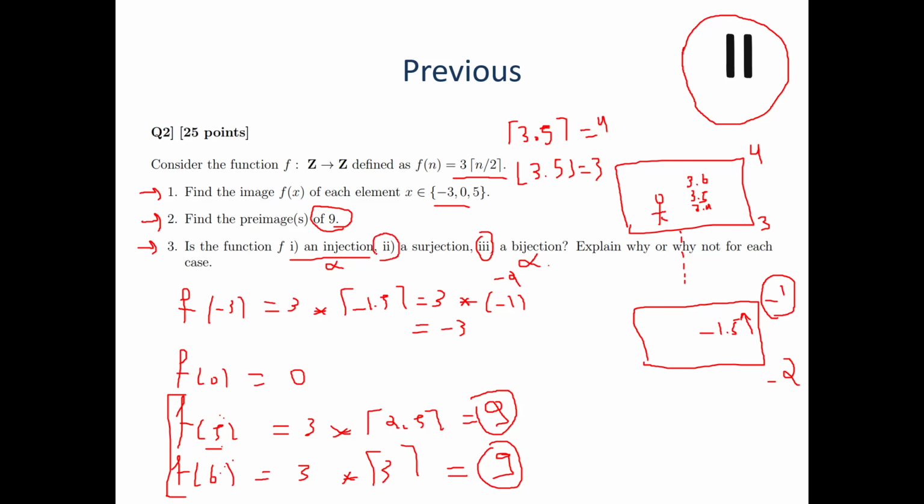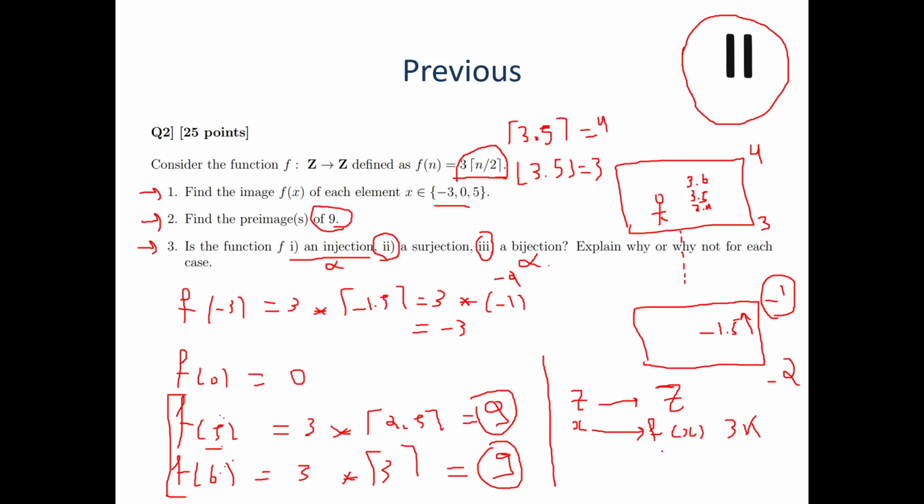What about part 2? Is it surjective? That's also going to be a no, because we have our function going from Z to Z. And if you notice, the way this function is structured, it's 3 times something. So the best it could be is the multiples of 3. Whatever number you take from this set, when you take it over to that set, it's going to be some sort of multiple of 3.